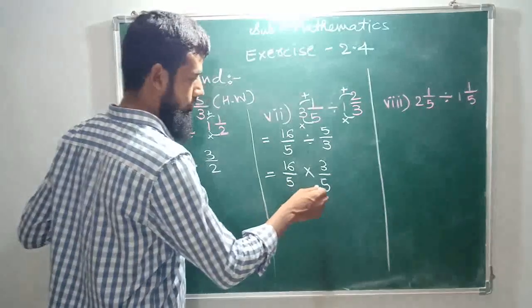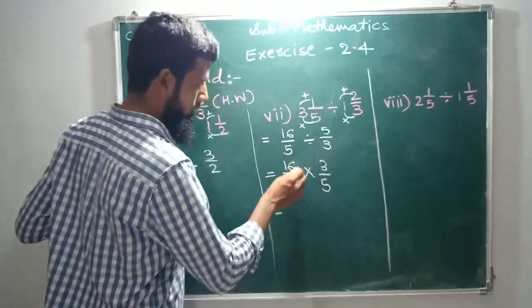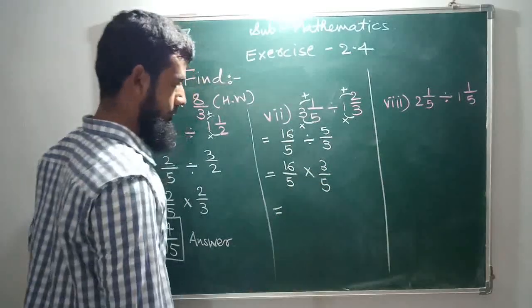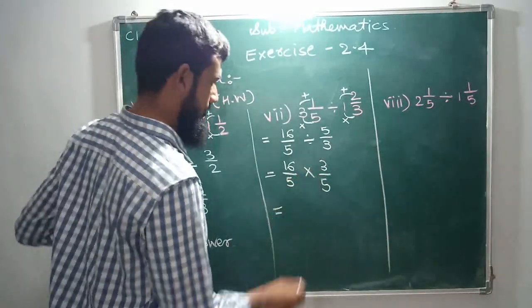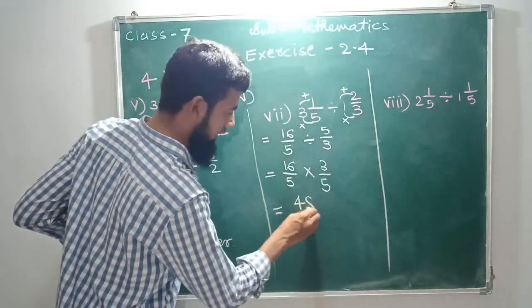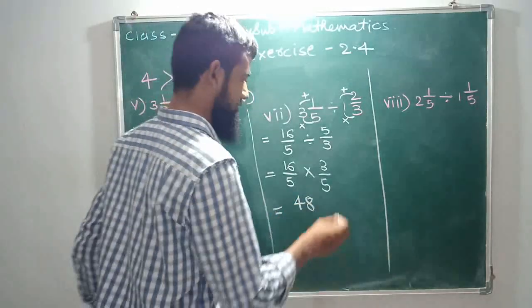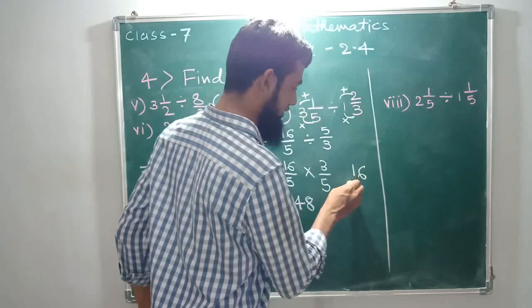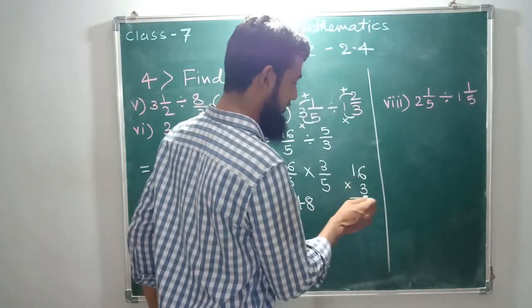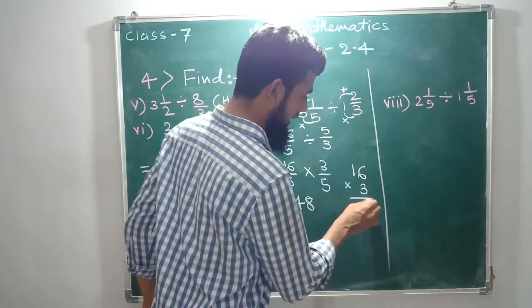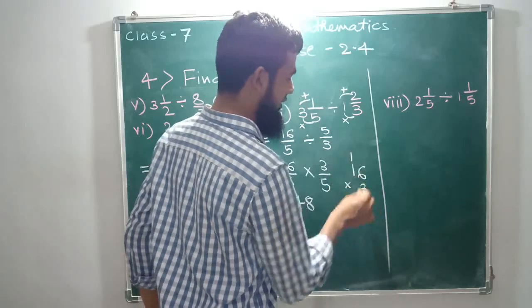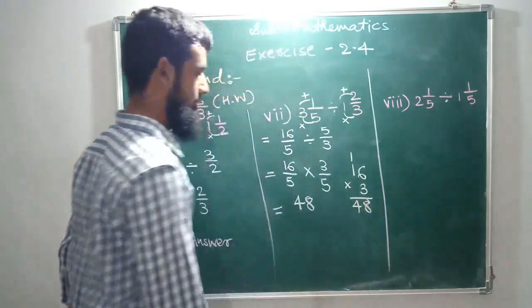Okay, now 16 3 ja 48. If you don't know a table of 16, so you can do in this way also, in this form also. 6 3 ja 18. 3 1 ja 3 plus 1, that is 48.